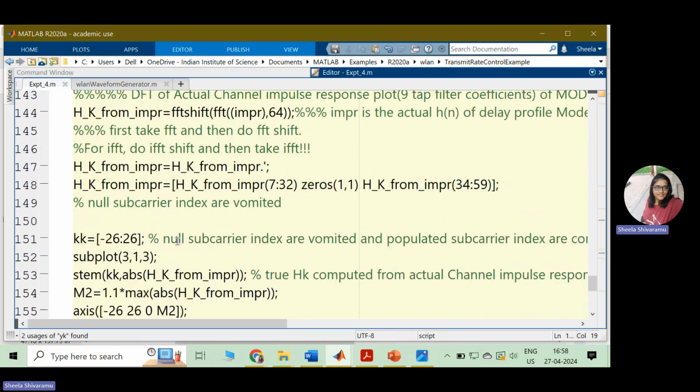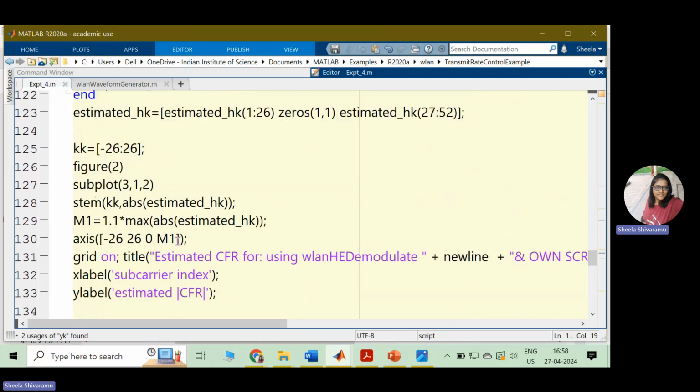To explain in simple terms, we know the signal XK, and for OFDM, as we have just seen, it converts a wideband signal into parallel narrowband signals. Y of n in the time domain is x of n convolved with h of n. In the frequency domain, y of k is simply x of k times h of k. My objective is to obtain this h of k.